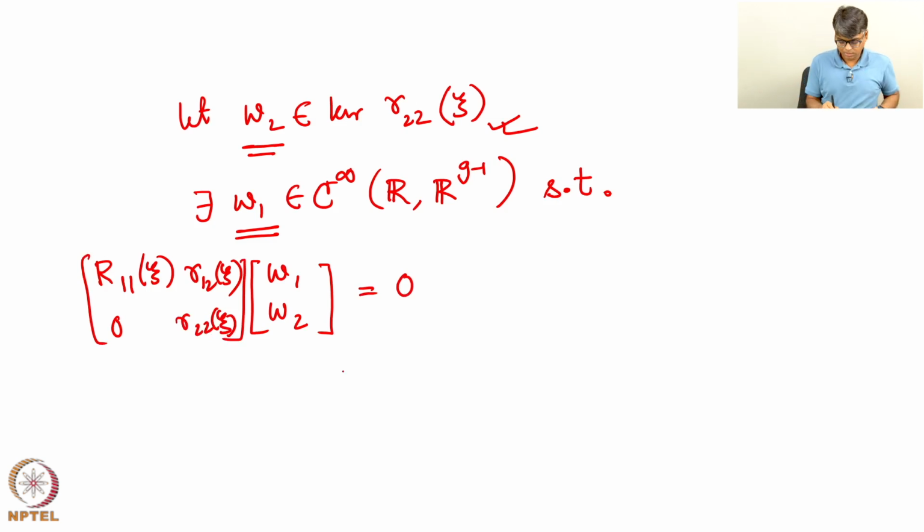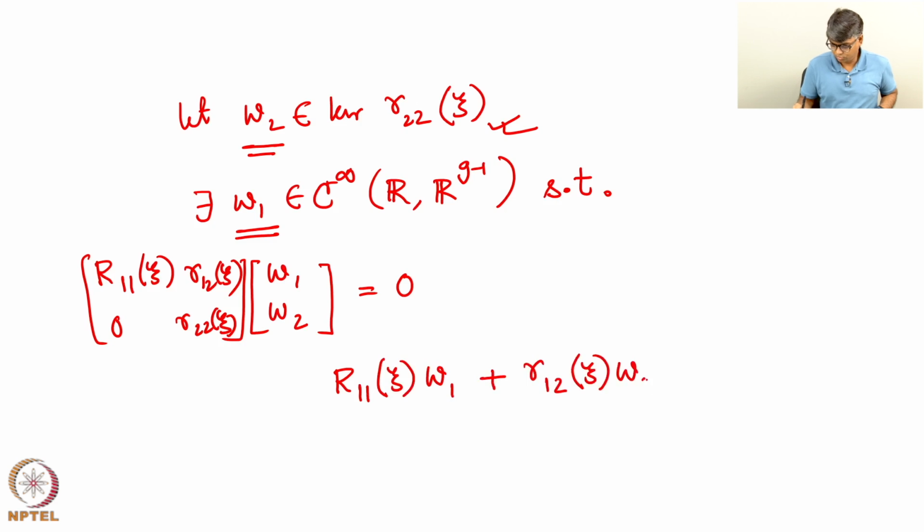Now we look at this. This means R11 xi times W1 plus R12 xi times W2 is equal to 0. I just multiply this by u xi. See, the multiplication is compatible because it is a square G minus 1 by G minus 1 matrix, and this is a G minus 1 size vector.